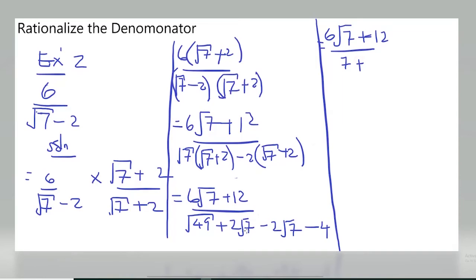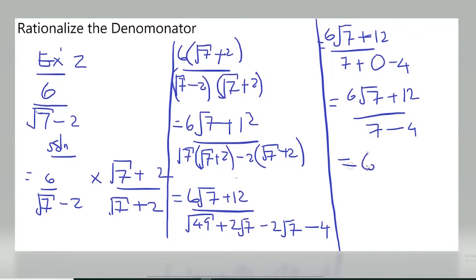Now 2 root 7 minus 2 root 7, we get 0. Therefore this is equal to 7 minus 4. So we have 6 root 7 plus 12 over 7 minus 4.